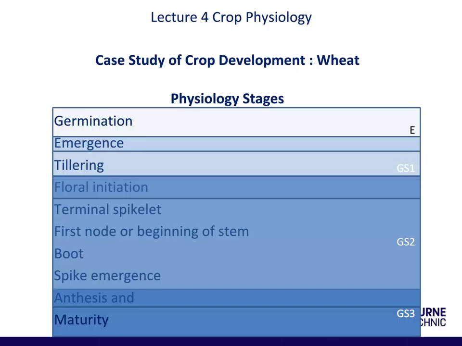Then you have first node or beginning of the stem. This is then followed by boot, spike emergence, anthesis, which is flowering, and maturity, which is the process where the plant has produced its seed.